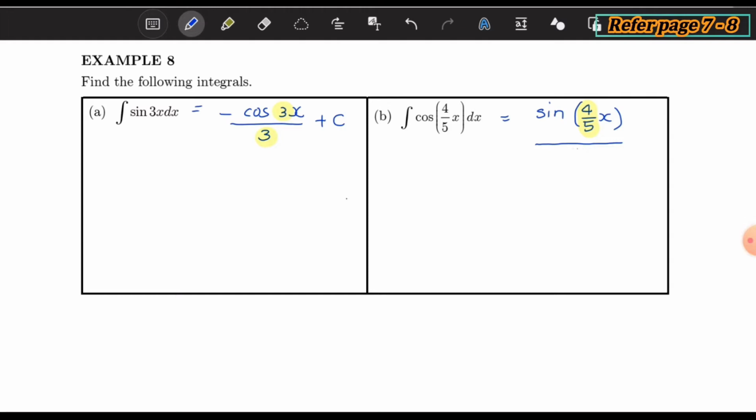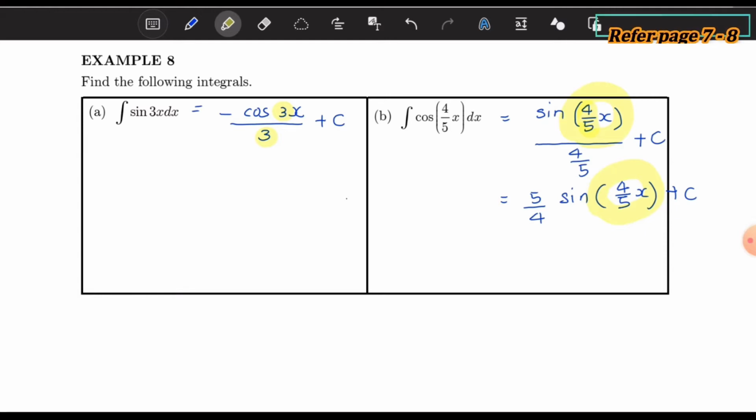So, divide by 4 over 5 plus C. Okay, and the final answer will be 5 over 4 sine 4 over 5 x plus C. And if you notice here, the angle remains the same. We cannot change the angle.